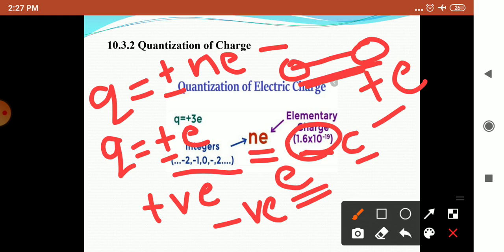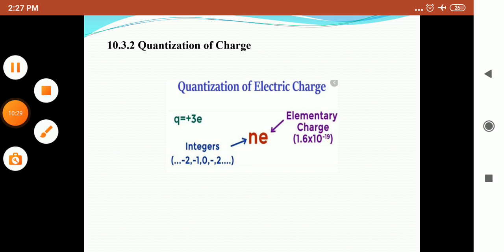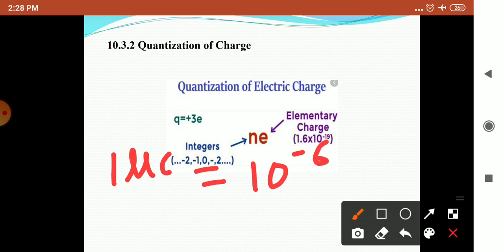Suppose, for example, when a glass rod is rubbed with silk, a charge of the order of 1 microcoulomb is produced, that is equal to 10 raised to minus 6 coulomb, which appears on the glass rod or silk.